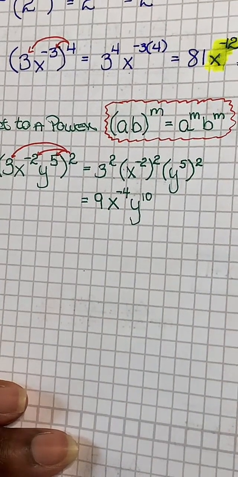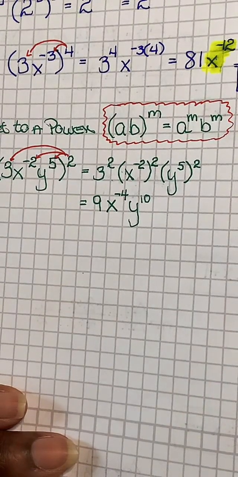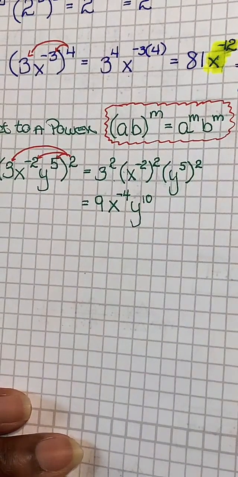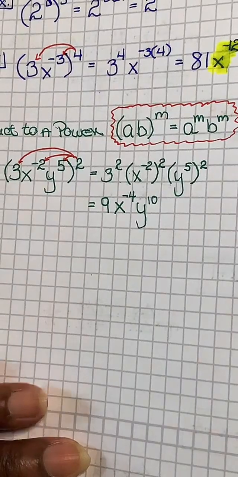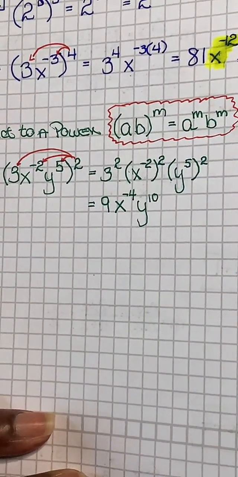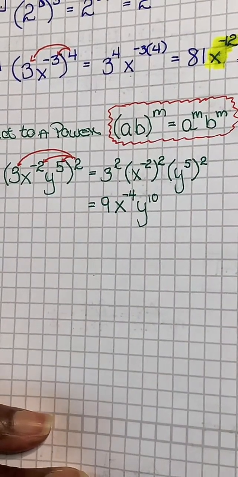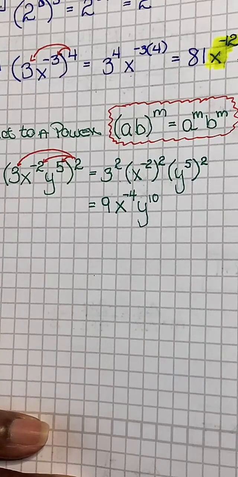So now, what needs to drop to the denominator? Thank you, Ricky. So we have x raised to negative 4. Good, Kaya.